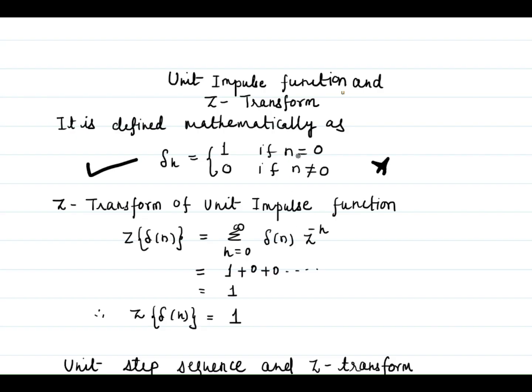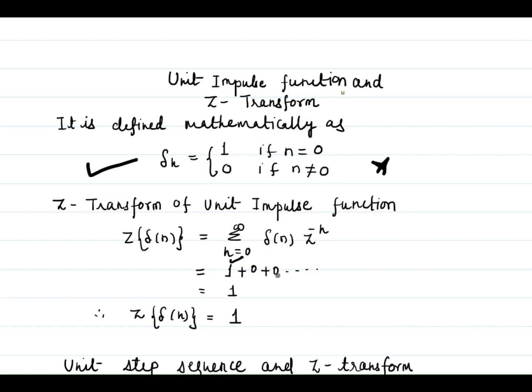So when n equals 0, how do we define the unit impulse function? This is delta of n when n equals 0, so 1. We'll substitute 1 here. Now for the other values, when n equals 1, 2 to infinity, this is 0 since n is not equal to 0.